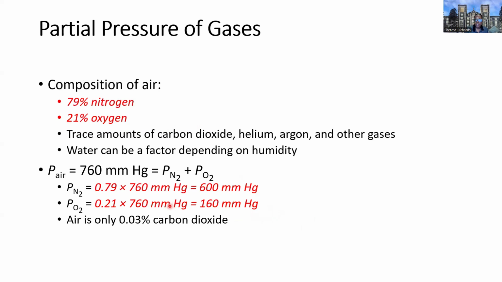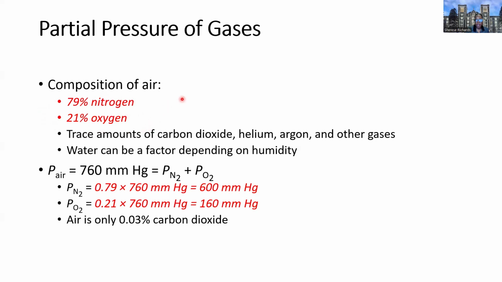Let's look at the composition. Let's break out each of the individual gases and talk about how they come together to comprise the overall pressure of air. So air is comprised of 79% nitrogen. It's about 21% oxygen.